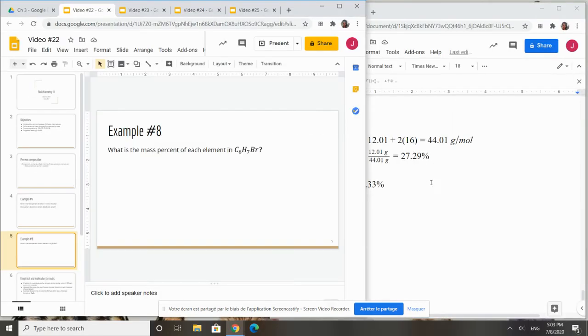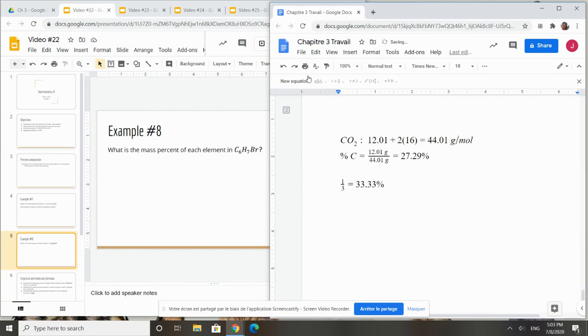All right, so this one is pretty similar, just that we've got a more complex molecule, and we're going to be doing this for each atom in there. So for carbon, hydrogen, and for bromine.